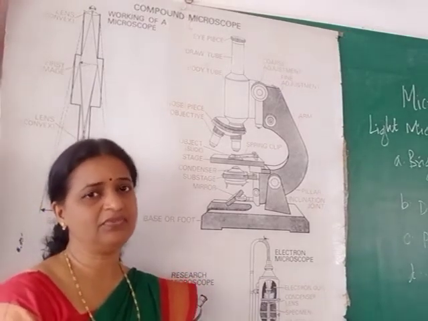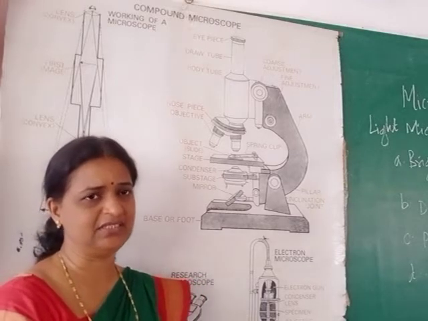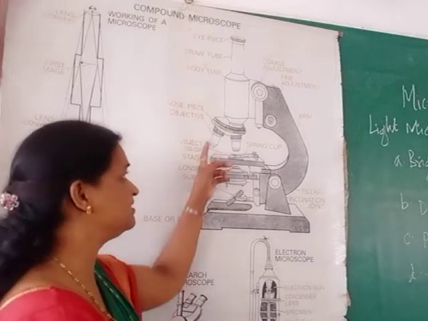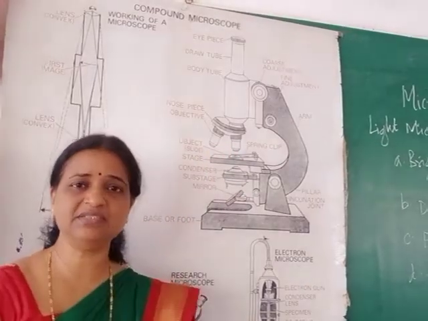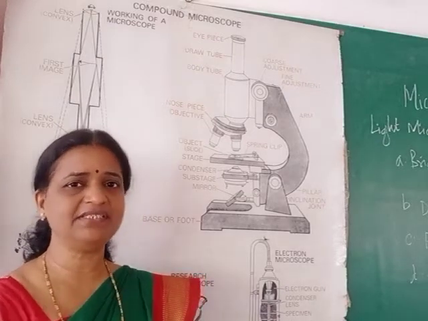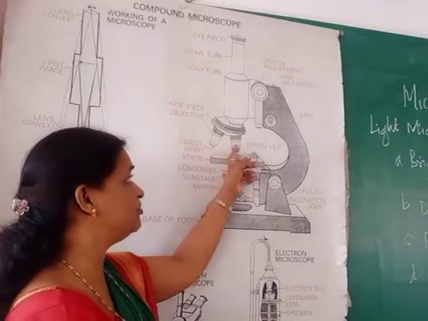the next type of optical part, the parts required for magnification. Now, which are the magnifying parts of the compound microscope? First is the objective. The objective is the main part of the microscope required for magnification as well as resolution. Here these are the objectives.